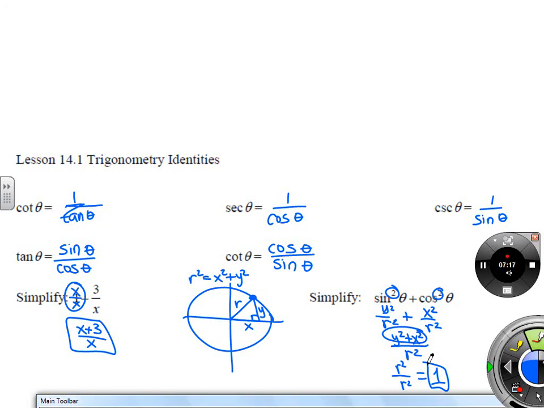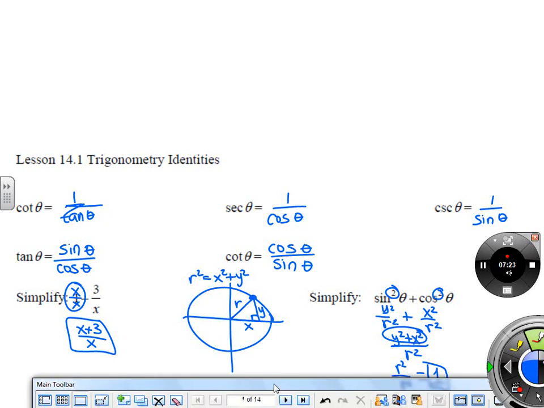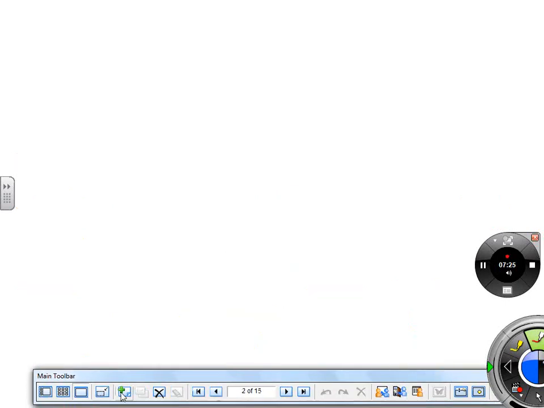No. Good question, though. So her question is really common and actually creates a lot of error when we're doing stuff. So her question is in regards to this. If the sine squared plus the cosine squared equals 1, does the sine plus the cosine equal 1? And my answer was what?